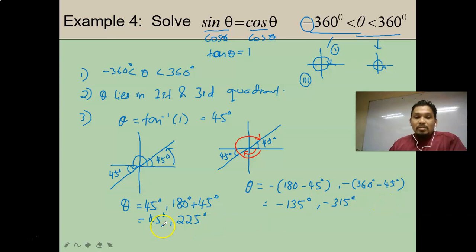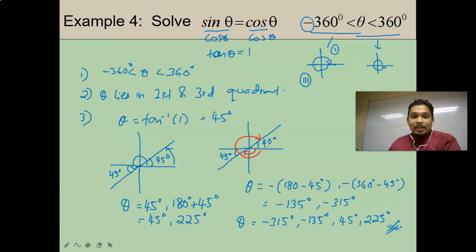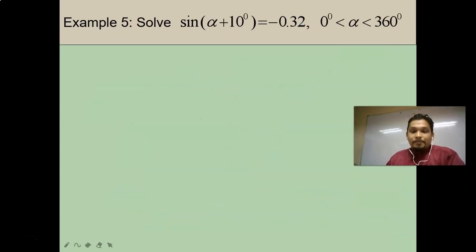So we list these two down in one row, so the theta is negative 315 degrees, negative 135 degrees, 45 degrees, and 225 degrees. Okay. Next.